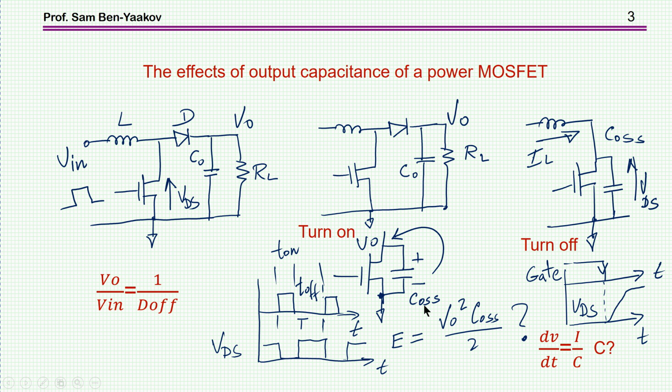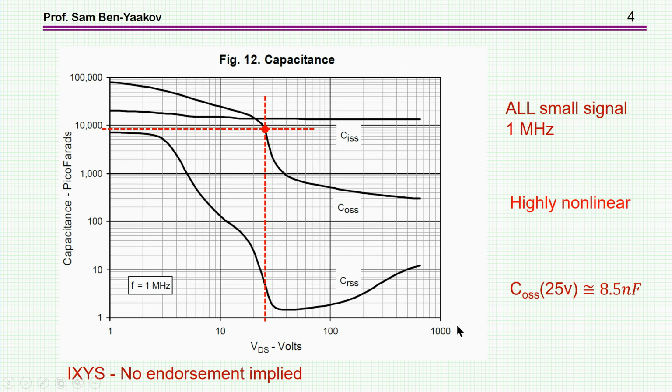Because this is not the COSS simple expression that you'll find in graphs. So here are the graphs that manufacturers are providing. This is for a given IEEE power transistor. There's really no endorsement implied. This is just an example. There are many, many transistors, and all vendors will give you this type of information.